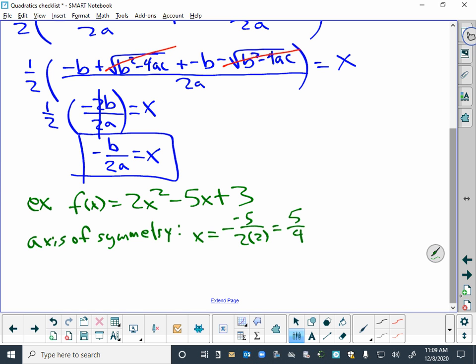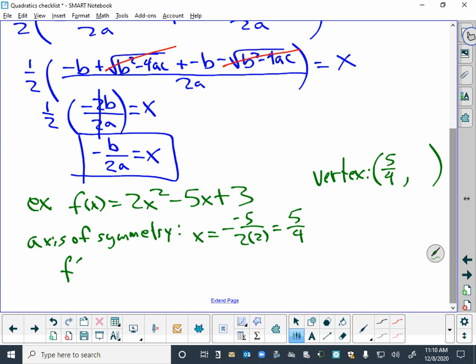So my axis of symmetry is x equals 5 over 4, which means my vertex will be located at 5 over 4 comma something.